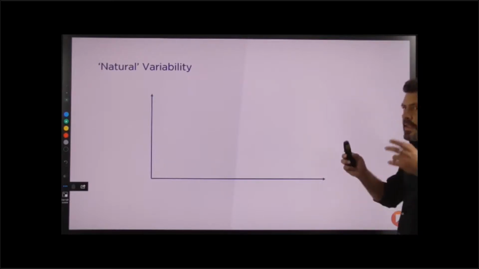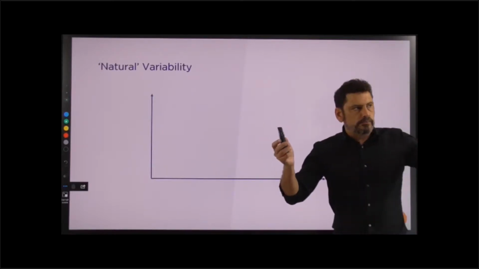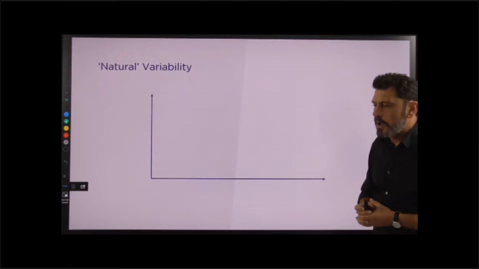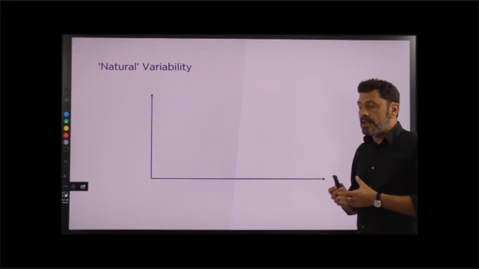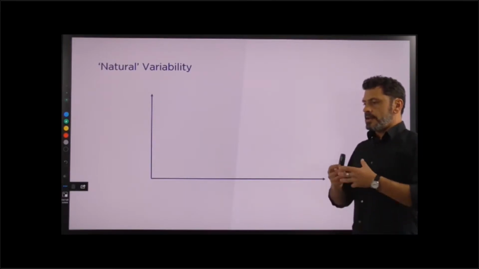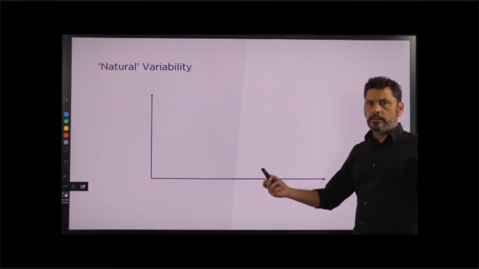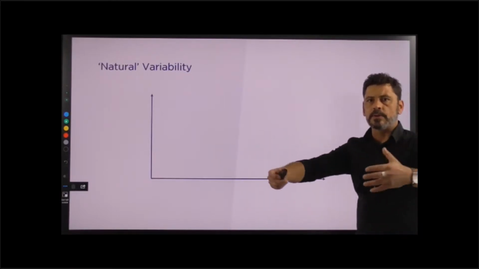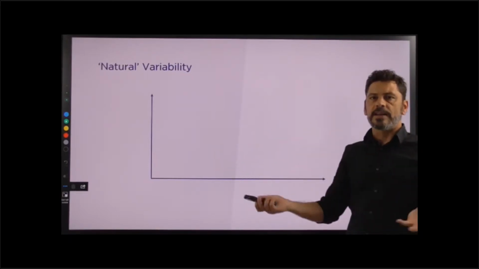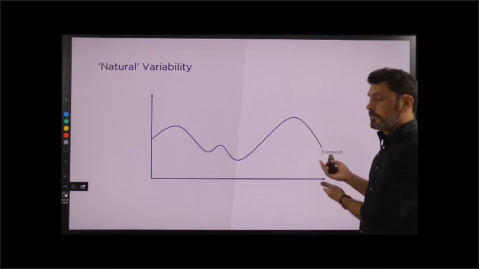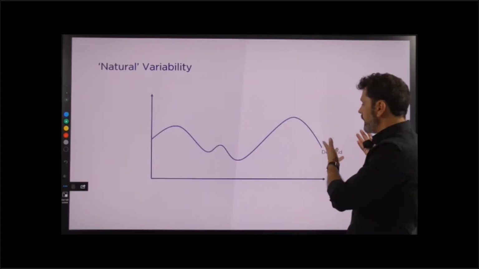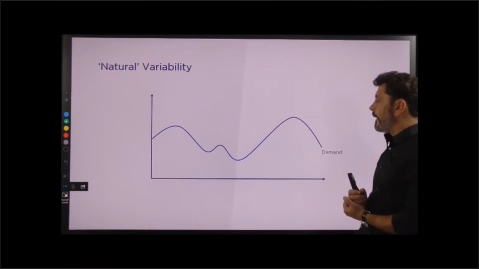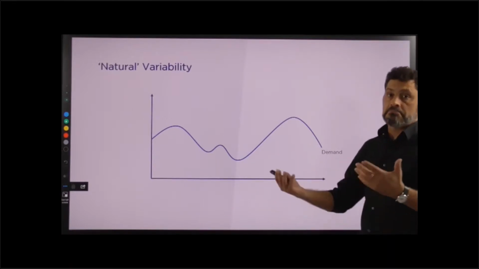Natural variability. Well, you may ask yourself, or you may make the statement that some things just behave like they behave because we are part of the world, and the world outside is creating some variability for us. A demand pattern. That's the demand that your product shows in the market.